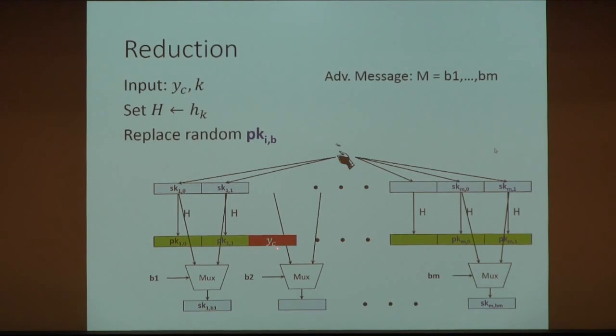Here I assume i was 2 and b is 0, then I can answer the query as long as the i-th bit, so the second bit of the message, is not 0, because for this one I do not know the secret key element. So if I would be asked for a message which has the second bit 0, I would have to return fail. However, in the other case, I can simply compute the signature using the normal sign algorithm and return the signature.